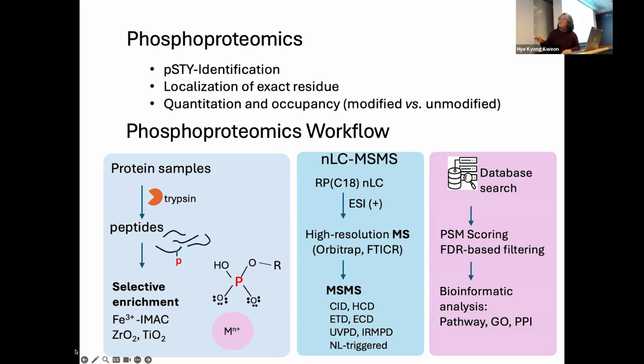The enriched phosphopeptides are separated by LC, electrosprayed, and then analyzed by high-resolution mass spectrometry like Orbitrap or FTICR, because these modern instruments provide really high resolution. Sometimes you can distinguish isotopes, even one-electron differences, under well-defined conditions.